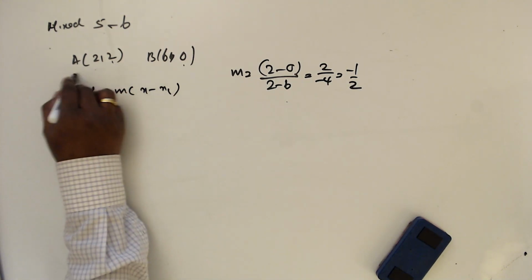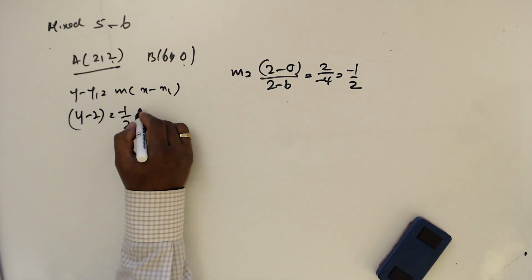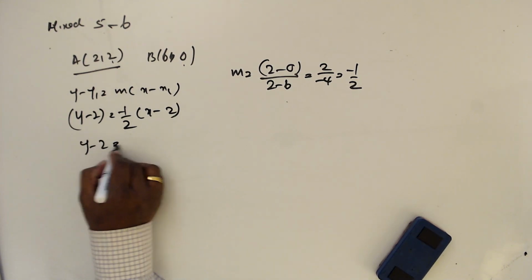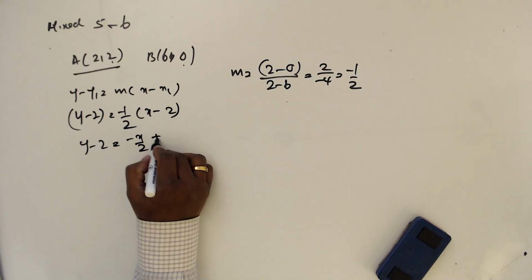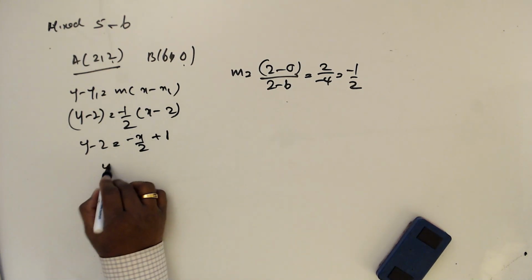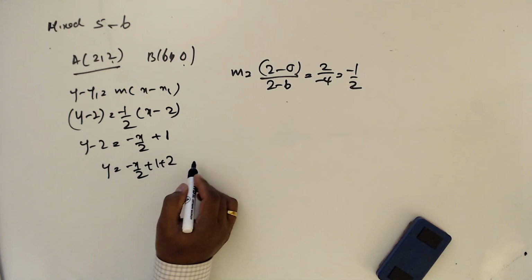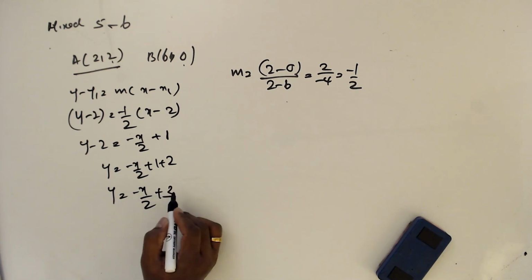Y minus 2, I'll consider this point again, equal minus half times x minus 2. Y minus 2 equal minus x over 2, plus 1. Y equal minus x over 2 plus 1 plus 2. Y equal minus x over 2 plus 3.